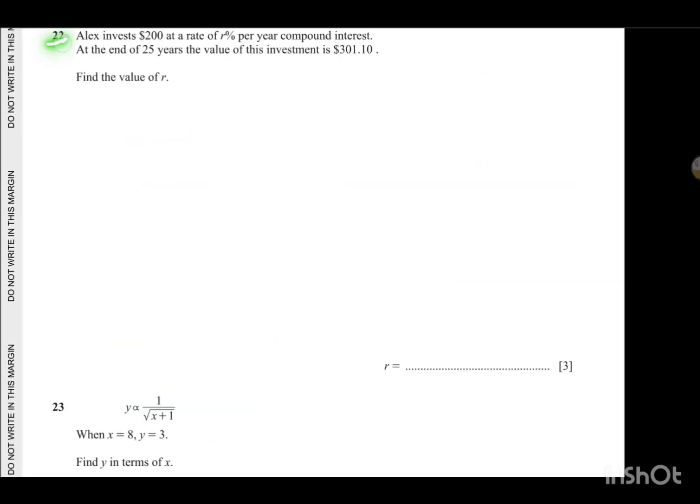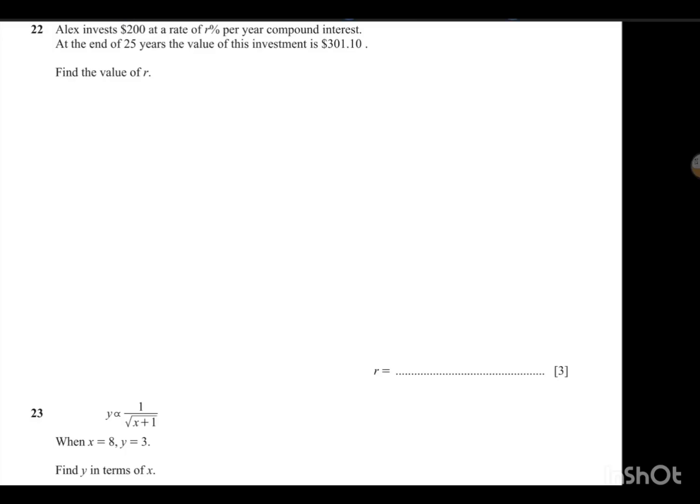Question 22. Alex invests $200 at a rate of R% per year, compound interest. At the end of 25 years, the value of the investment is $301.10. Find the value of R. So the investment is $200 here. Rate is R given, and it is compound interest per year.